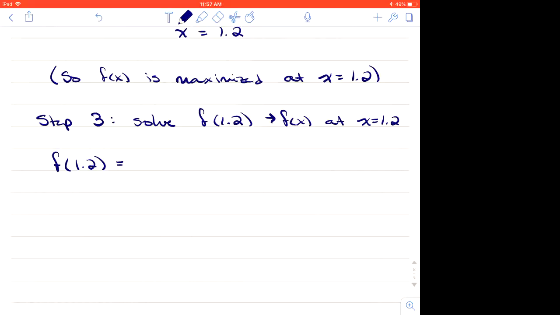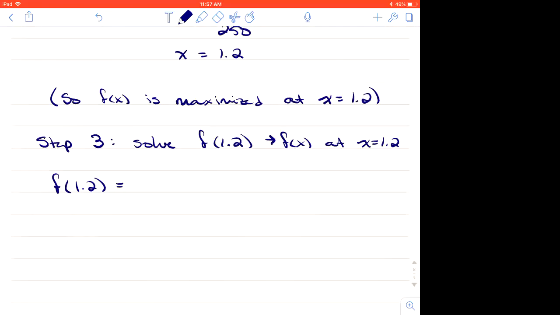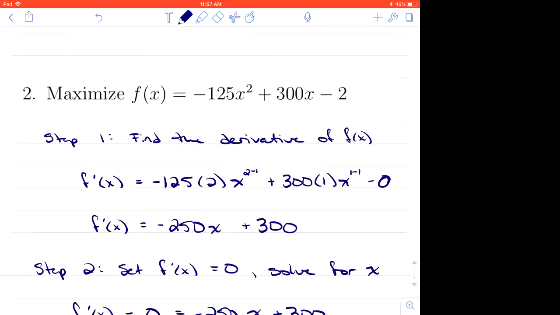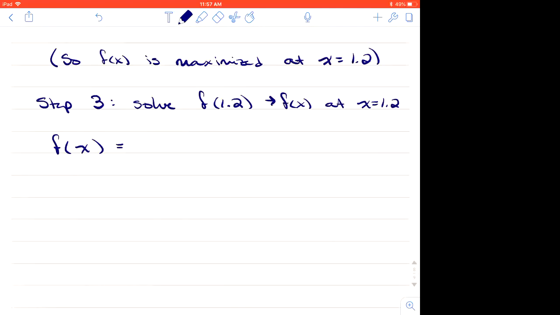You have to use the actual function. Okay. So f of 1.2, or I'll write down in general, f of x, just so we remember it. f of x was negative 125x squared plus 300x minus 2. So negative 125x squared plus 300x minus 2.